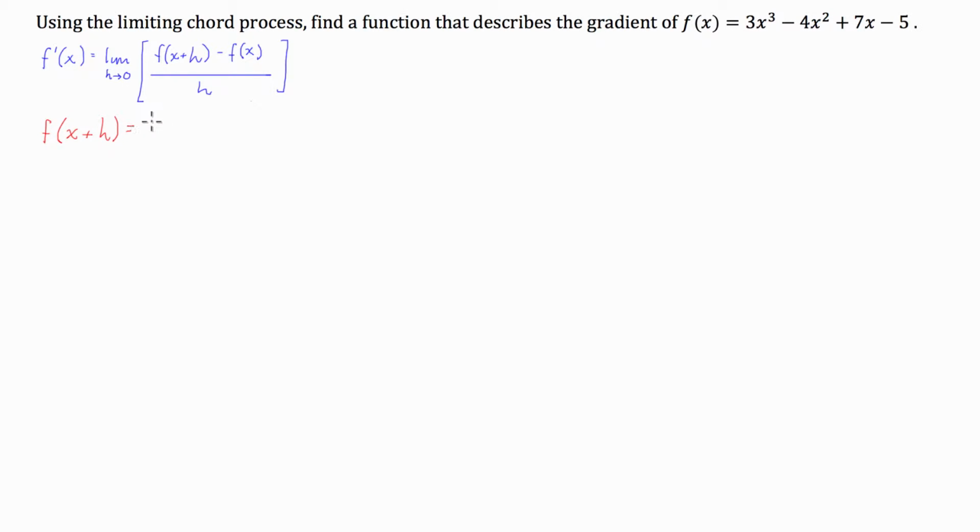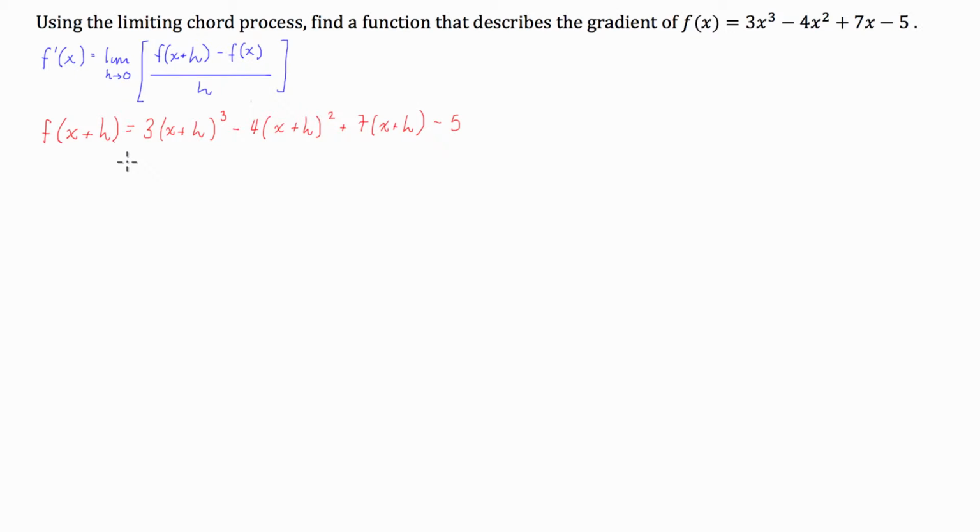So this is going to be equal to 3 times (x plus h) all cubed, minus 4 times (x plus h) all squared, plus 7 times (x plus h), minus 5. Now, this doesn't really help us at all. What we need to do is expand these brackets.